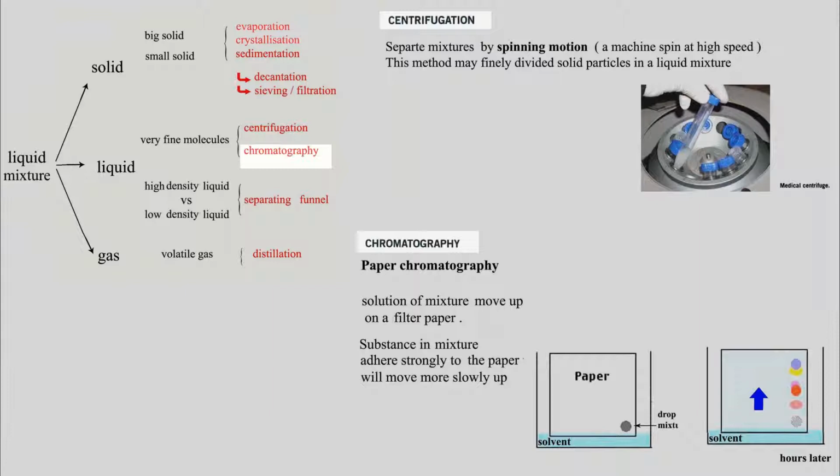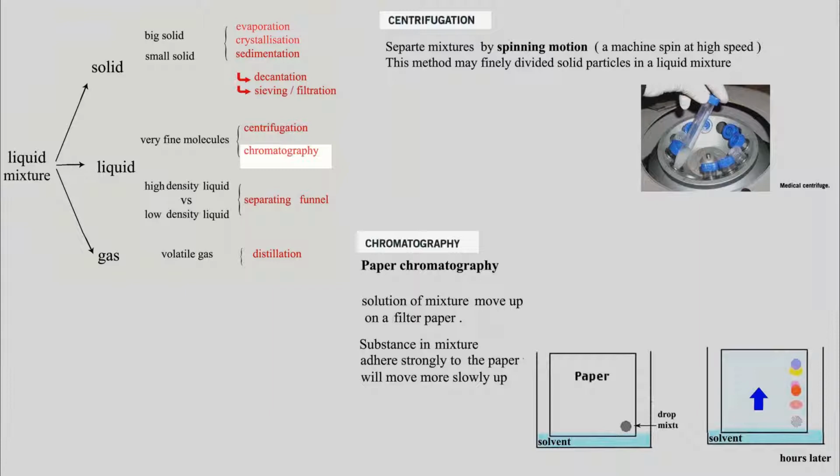Now why is it like that? Because some substances will cling onto the paper more strongly. If they cling onto the paper more strongly, they move up slowly. But some substances cling onto the paper very weakly, and this type of substance moves up a lot faster.